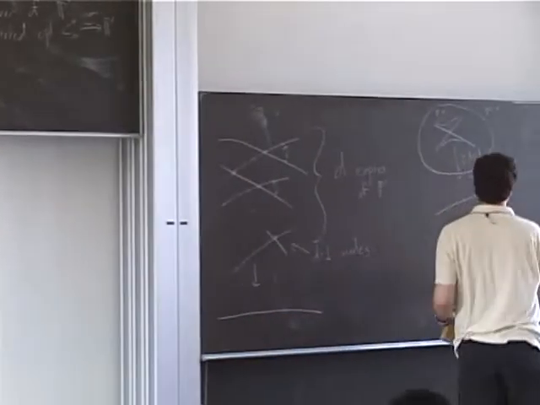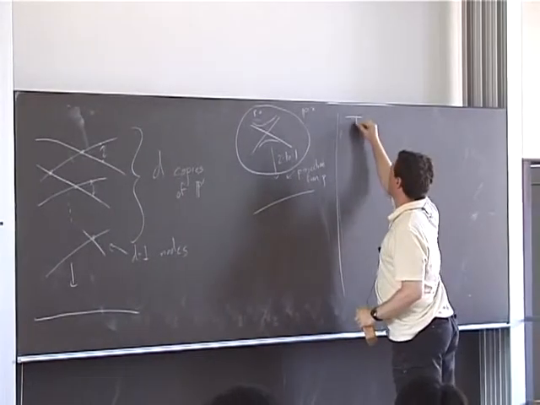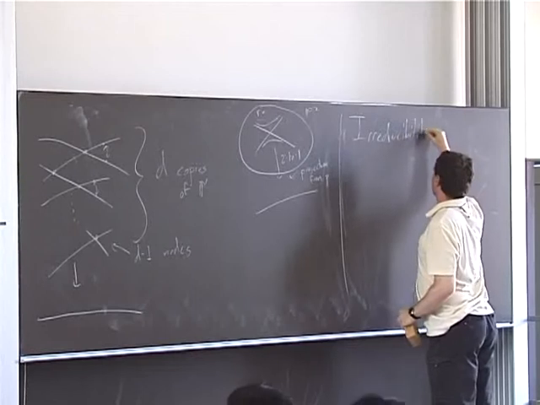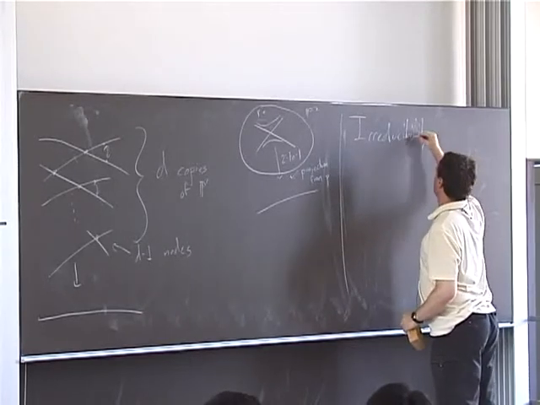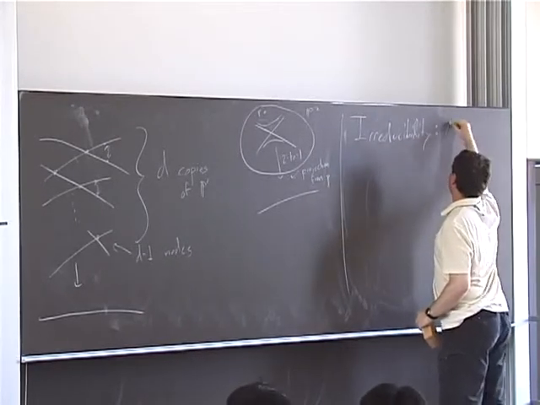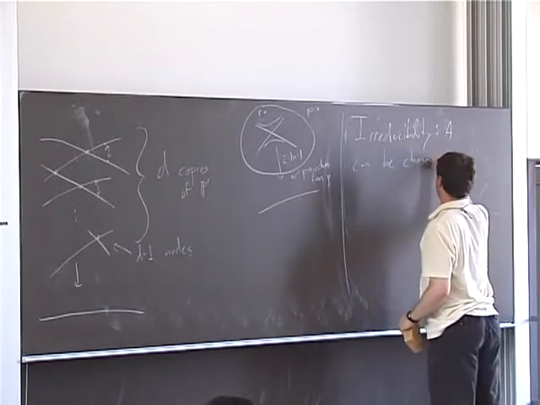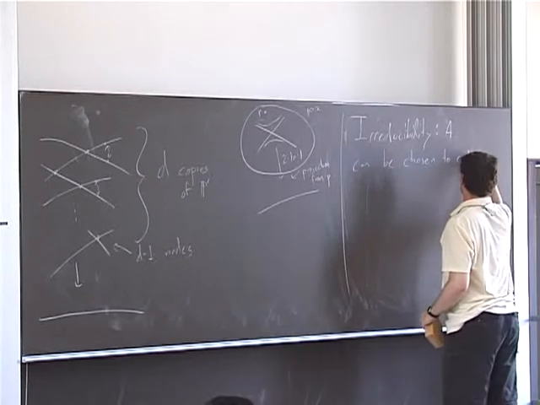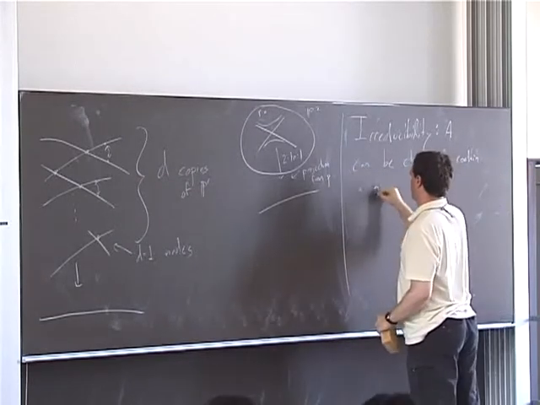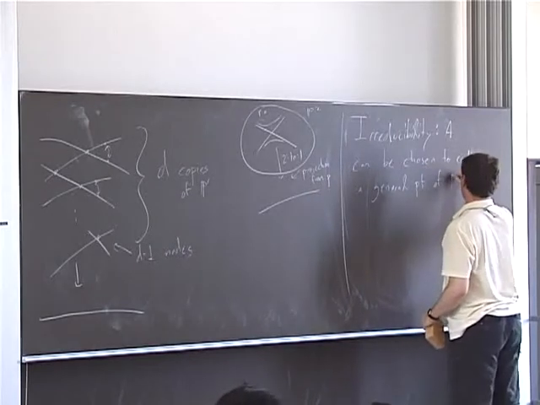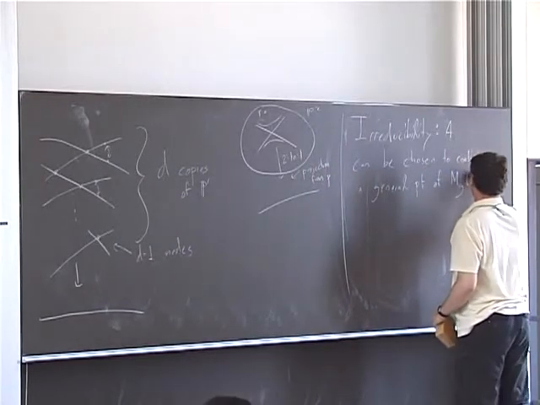So irreducibility says that this A can be chosen to contain a general point of MGP1D.